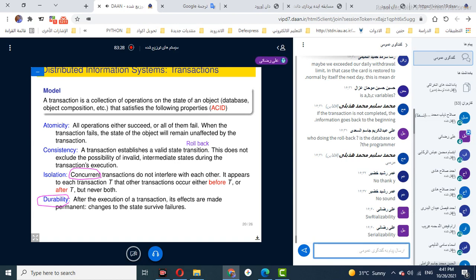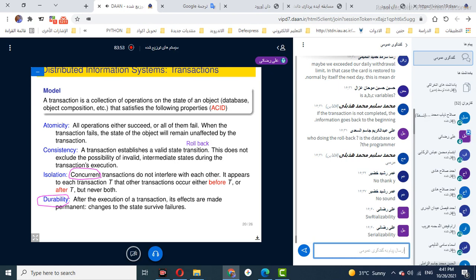All other transactions will be executed after it or have been executed before it. This is the theory of serializability, and you may have heard about it in your advanced database systems course. I don't want to get into much theoretical detail regarding this, but you may have heard about it.